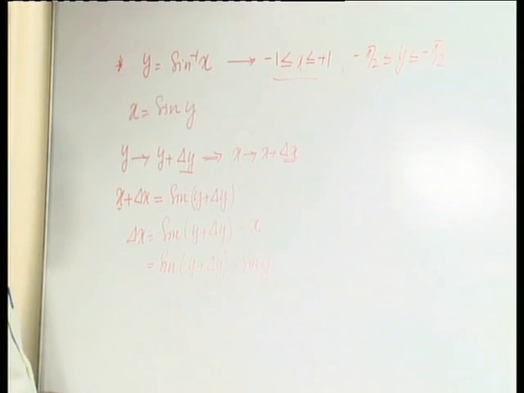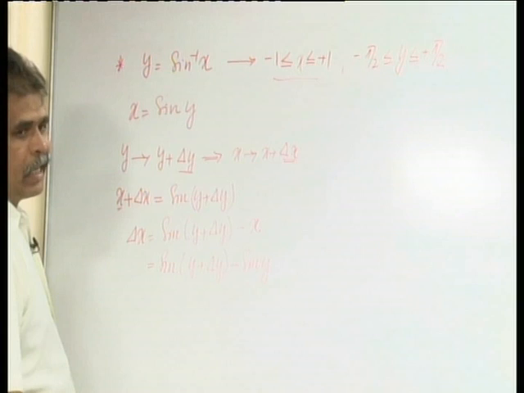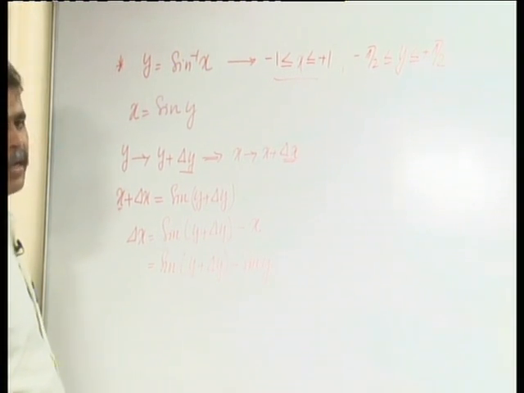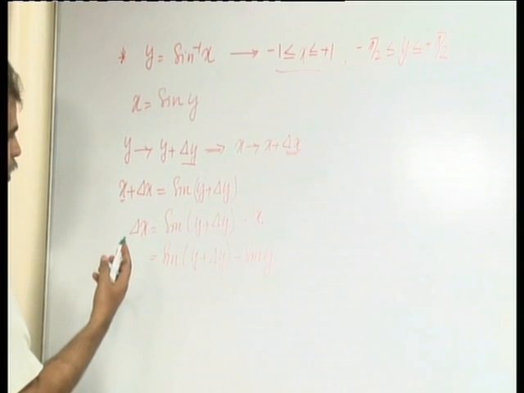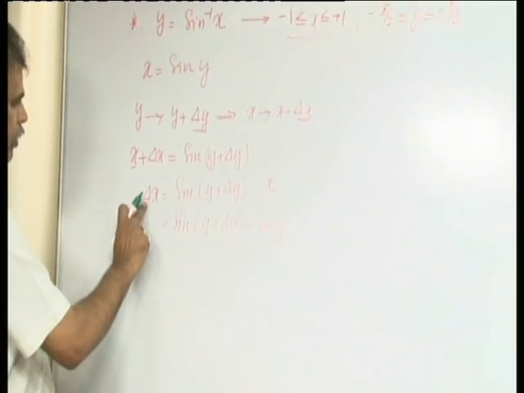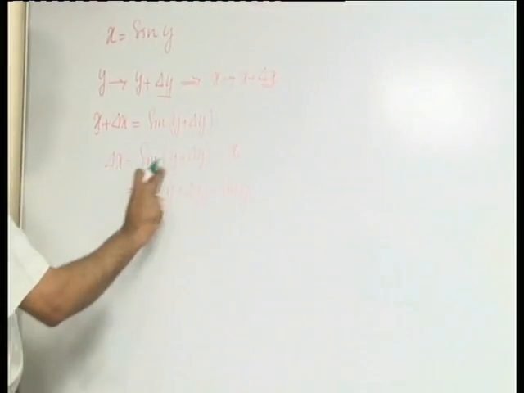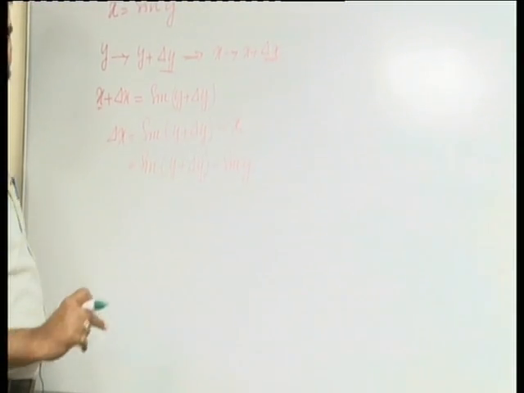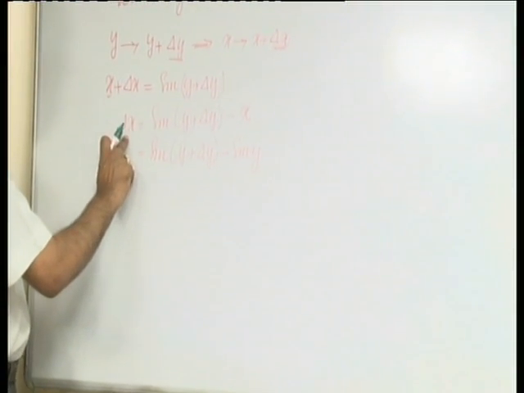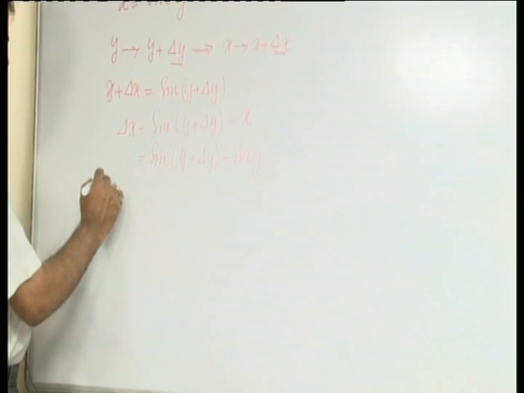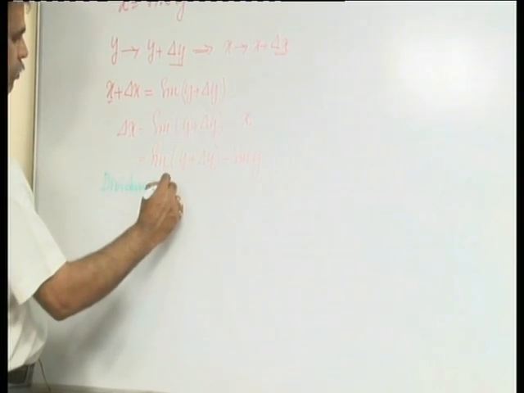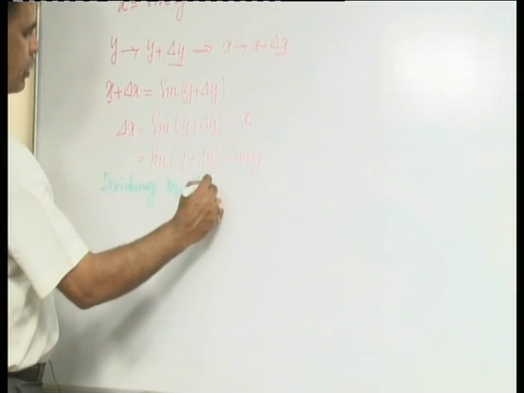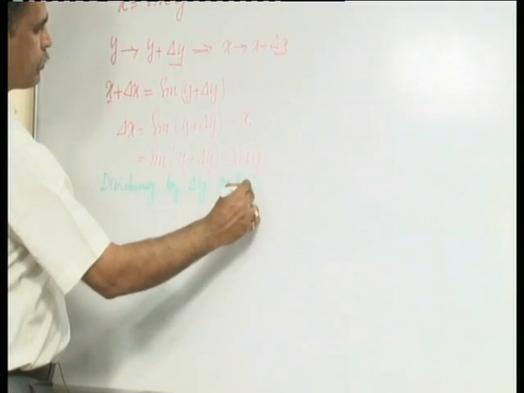Our next step is dividing on either side by delta y. In the last class we divided by delta x, here we have delta x on the left, therefore we divide by delta y on both sides.